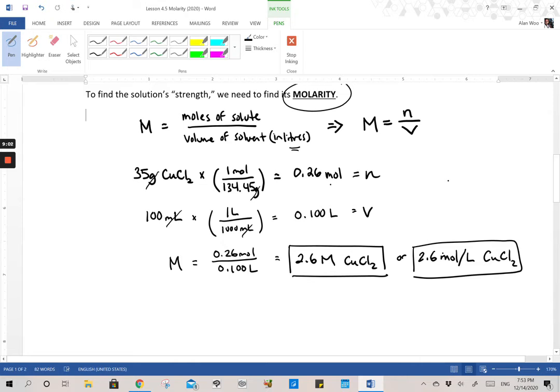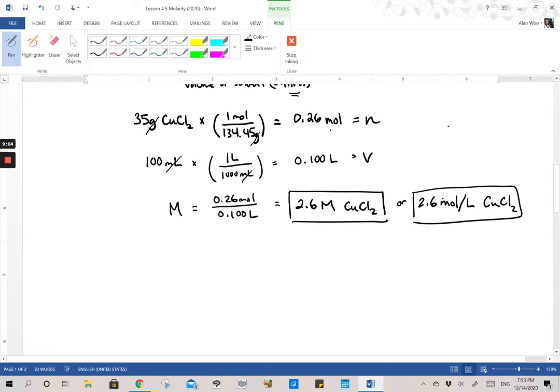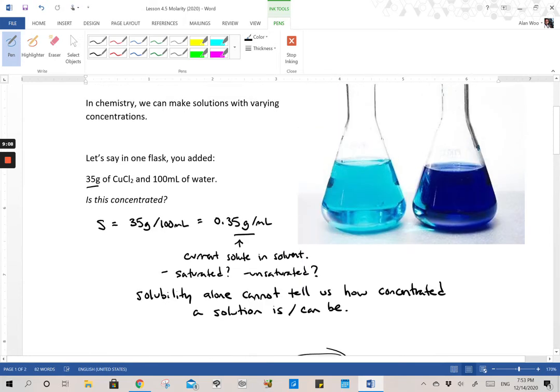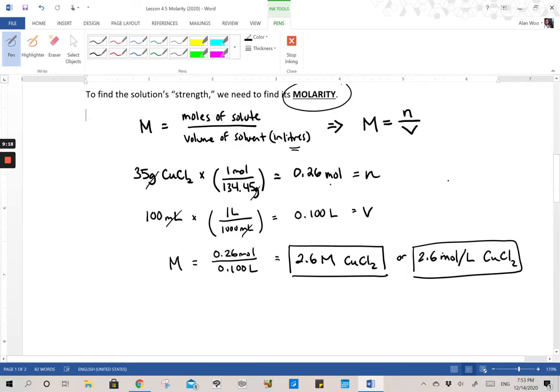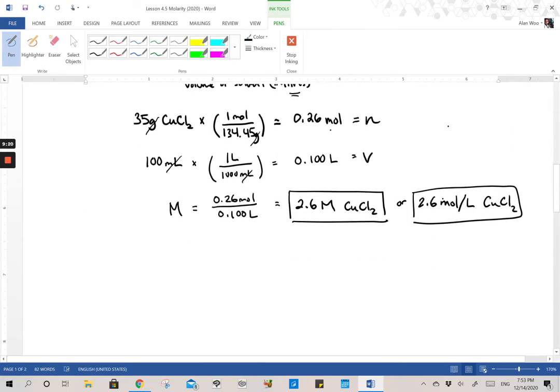Now, here's the key to it. When we have the molarity, it actually does tell us more information than just the solubility alone, or how much solute is dissolved in solvent. And this is the reasoning. A lot of things that are very concentrated tend to have a concentration that is greater than 1.0 molarity.